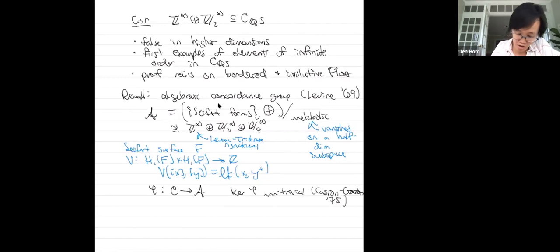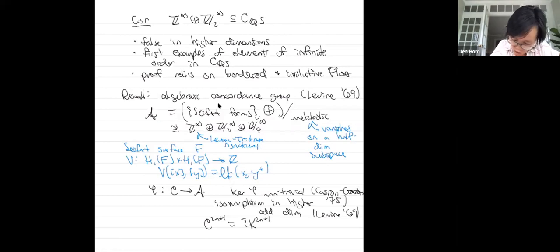So in higher odd dimensions, this map is actually an isomorphism. In even dimensions, everything is trivial. Right, so in odd dimensions, you can define the 2n plus 1 dimensional concordance group, where you look at knotted 2n plus 1 spheres in S^(2n+3).